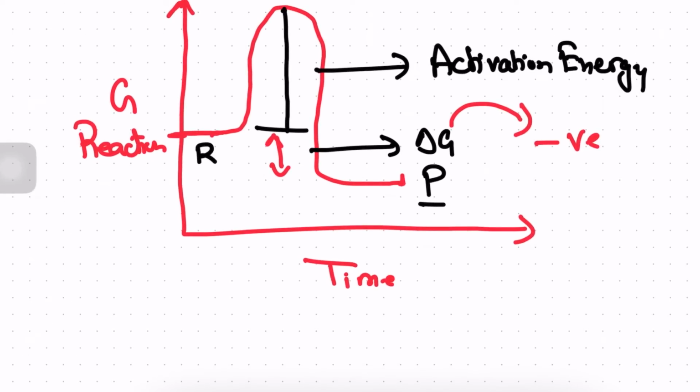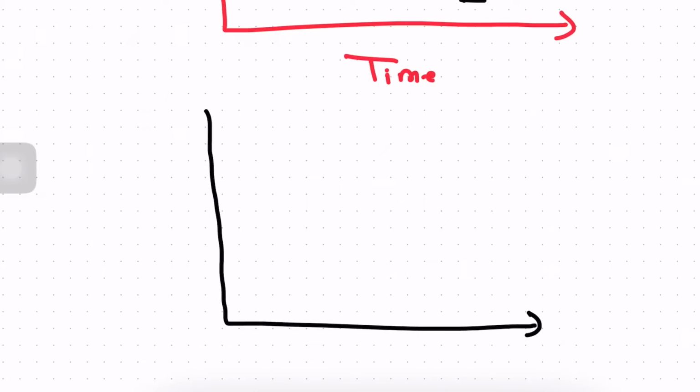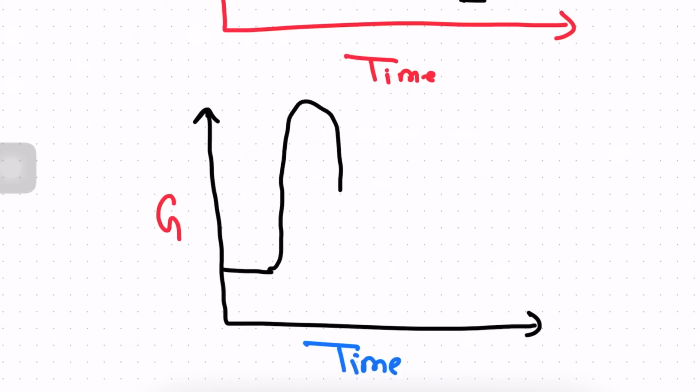Now you can have another situation. If you plot the graph like this, in the same way here you have time and Gibbs free energy. Here this is the energy of the reactant. Then you have this activation energy barrier, and this is the product.